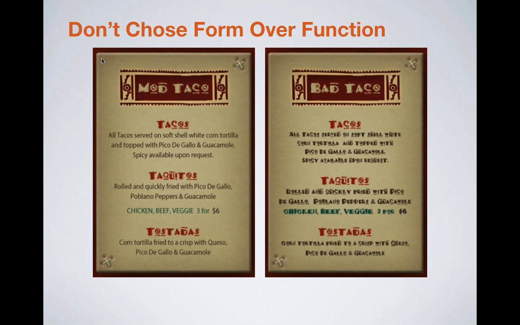This is probably the most common error I see, and that is choosing form over function. So choosing a visual style over practicality. The example here is a menu design. This is something that was online. But just comparing these two, notice how difficult it is to read the example on the right. It has a very distinctive typeface, but it defeats the purpose.